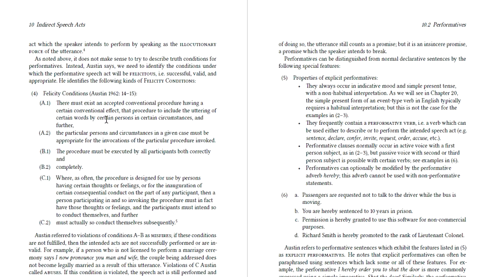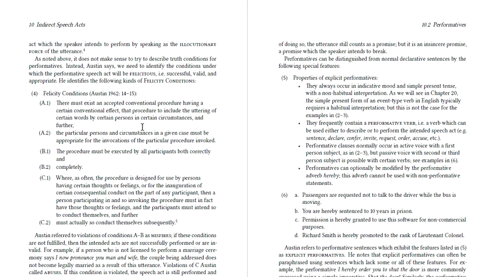That's the first thing that we need to know about felicity conditions. In the same regard, we have to understand something else. In A1 and A2, the particular persons and circumstances in a given case must be appropriate for the invocation of the particular procedure invoked.